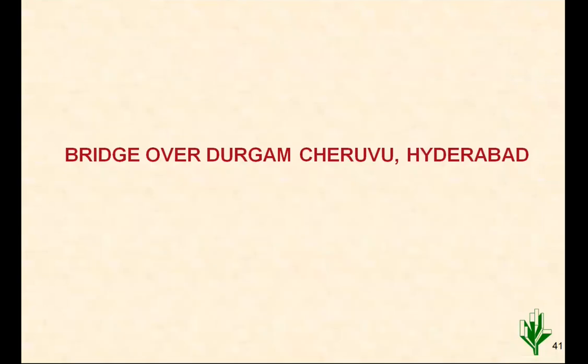Now, after completing these 2 similar bridges, we will go to the third example, that is the extradosed bridge over Durgam Cheruvu, Hyderabad. Then we will also understand the difference between an extradosed and a cable stayed bridge. Both are basically cable stayed, but there is some difference between the two.